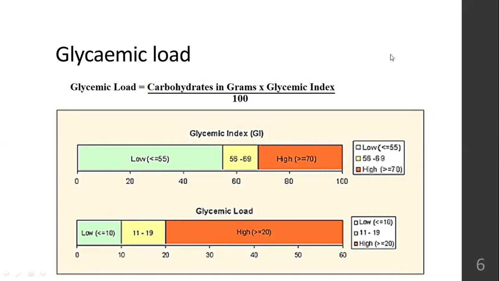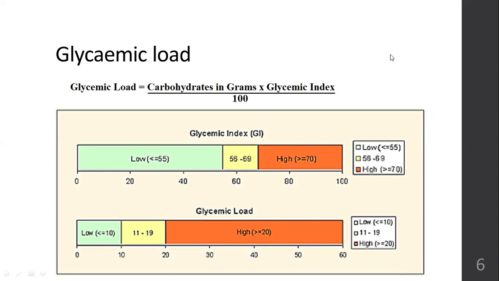So what does glycemic load give you? It gives you an aggregate of the carbohydrates in grams present in your meal, multiplied by the glycemic index of each food content, divided by 100.